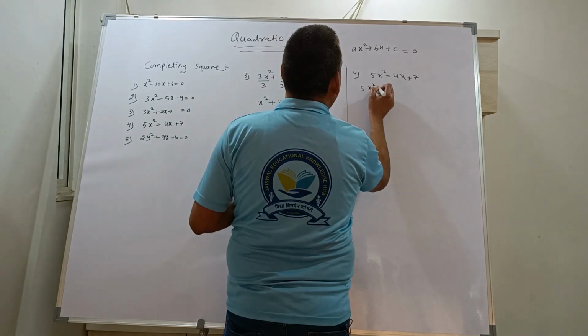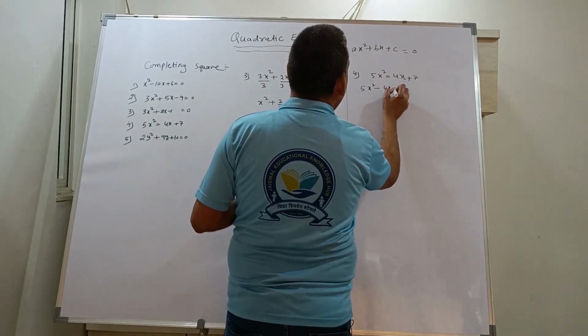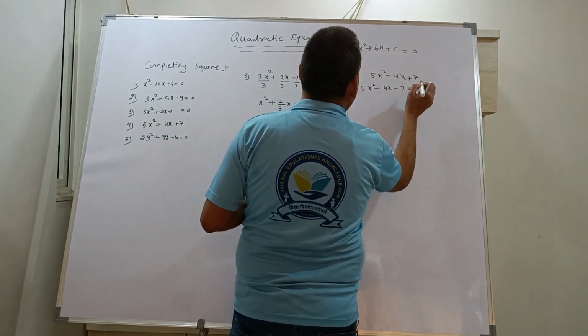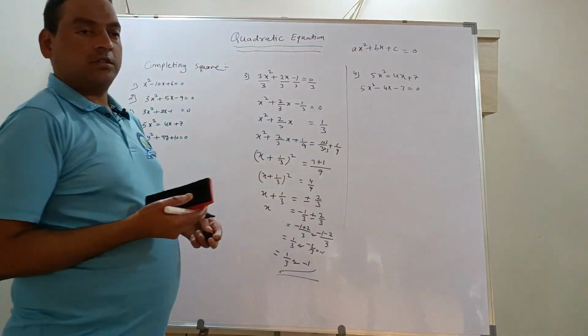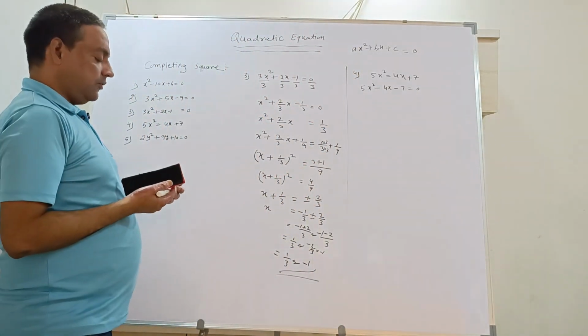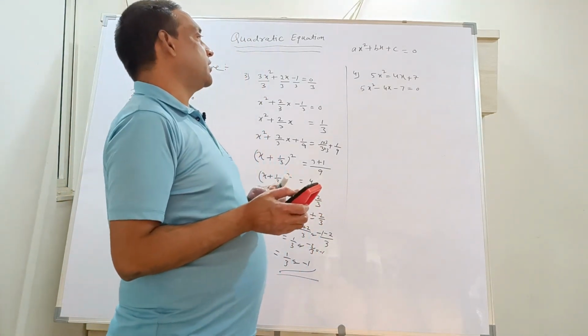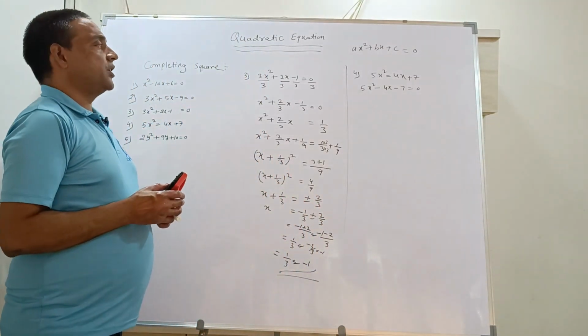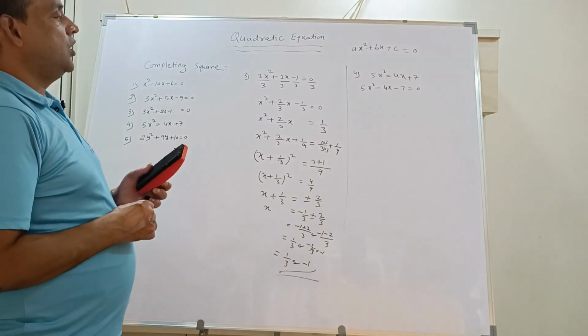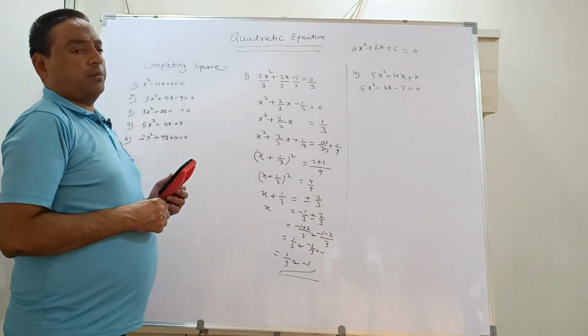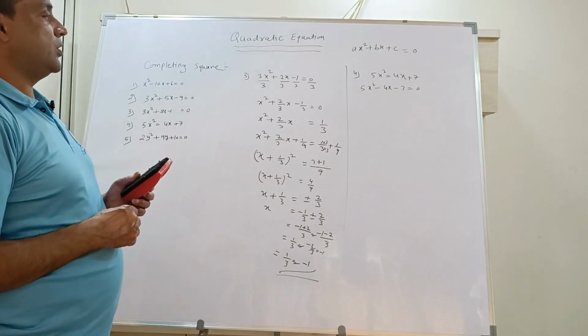So 5x square minus 4x minus 7 equal to 0. Clear? That we discussed in the first part also. To write the general equation, we always write in the form ax square plus bx plus c equal to 0. So here we got 5x square minus 4x minus 7 equal to 0.